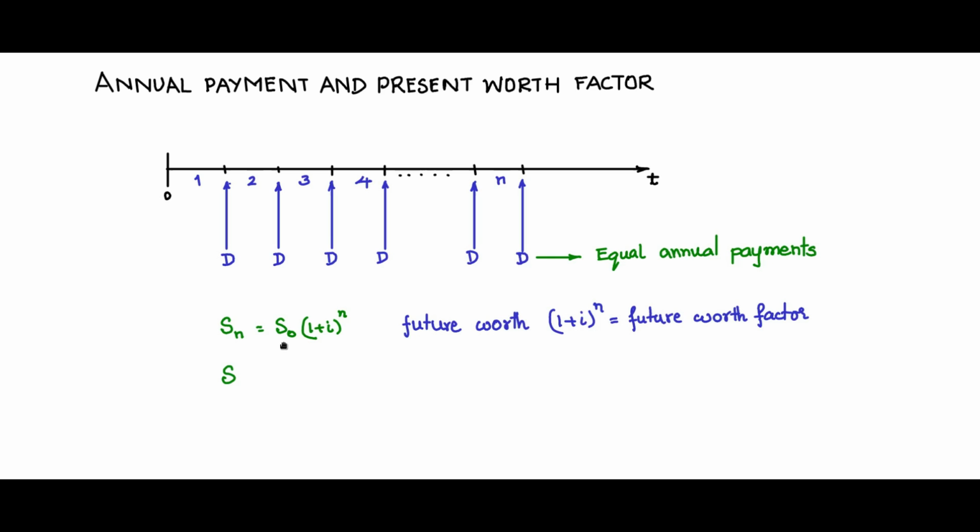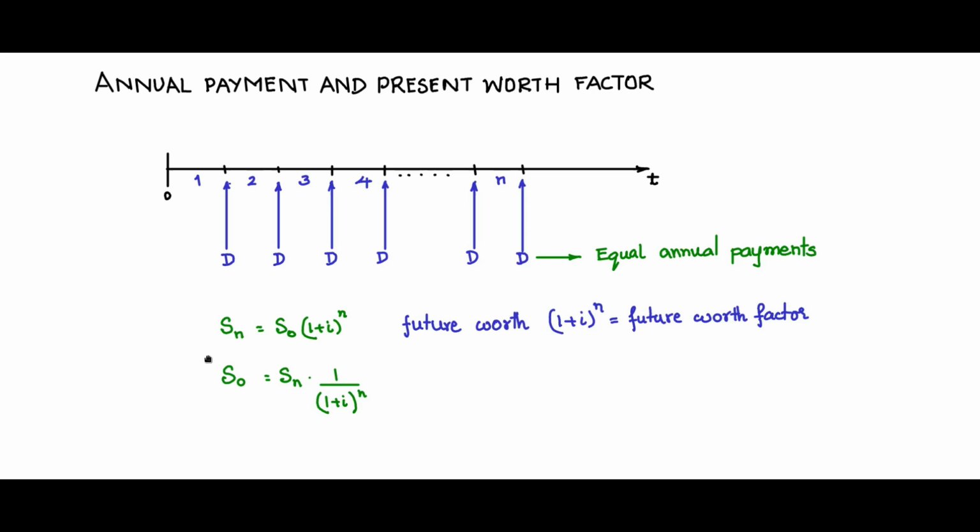Now suppose we know the amount at the nth time. Can you calculate the present worth of that? It is like saying, what is S0 given Sn is known. It is equal to Sn into 1 by (1 plus i) to the power of n.